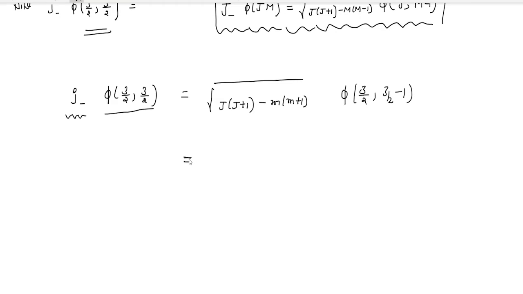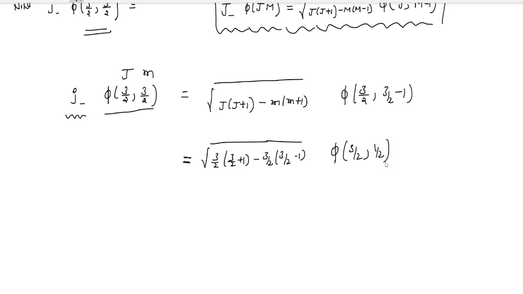So what is J? This is J, this is M, right? 3 divided by 2 into 3 divided by 2 plus 1 minus 3 divided by 2, 3 divided by 2 minus 1. Here I got psi 3 divided by 2 comma 1 divided by 2.